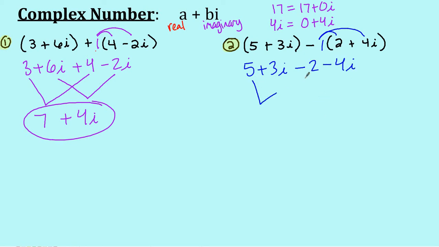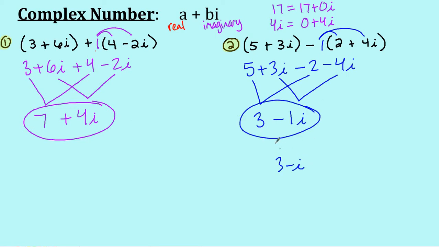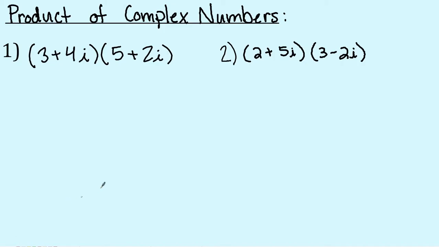We combine our like terms. 5 and the -2 make 3. 3i minus 4i is -1i, or you can write it as 3 minus i. I don't care. It's the same idea. So adding and subtracting, you just add and subtract like terms, right? You just combine those as they're said.